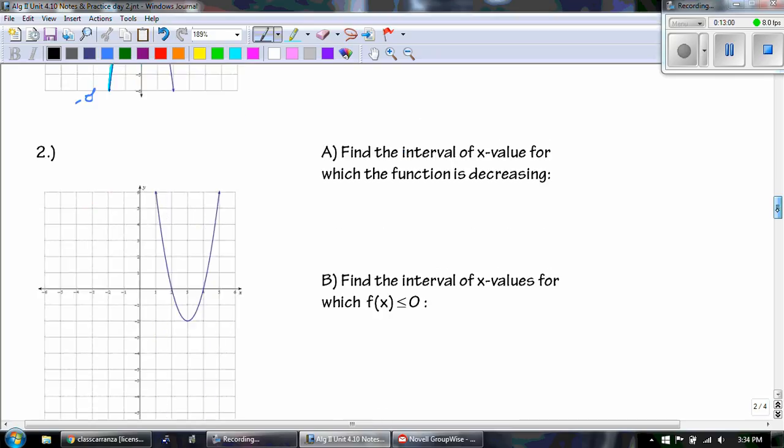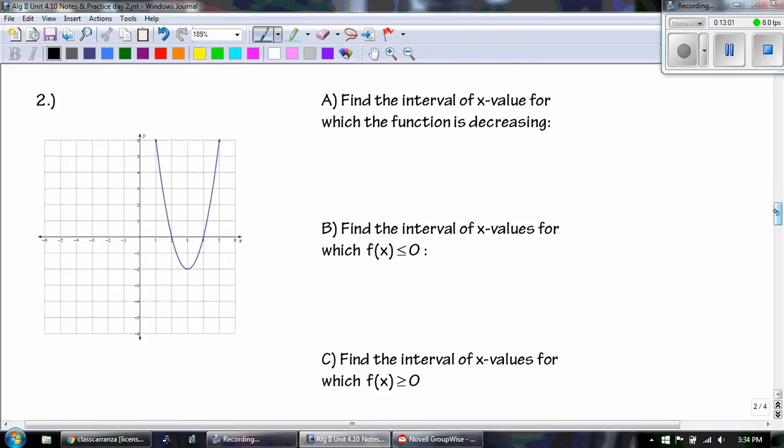All right, number 2. 3 questions. Pause the video, try them on your own. Good luck. All right, so find the interval for the value when we are decreasing.